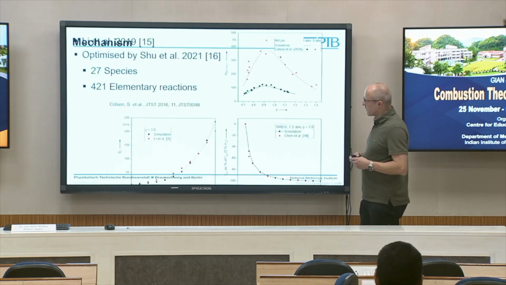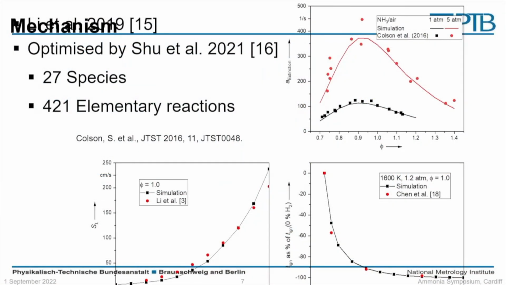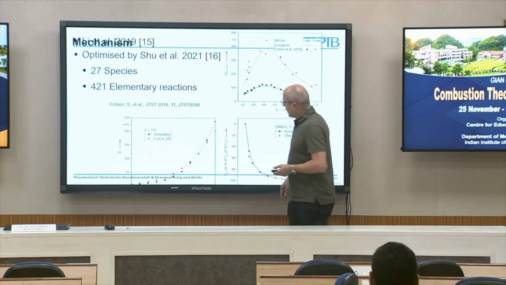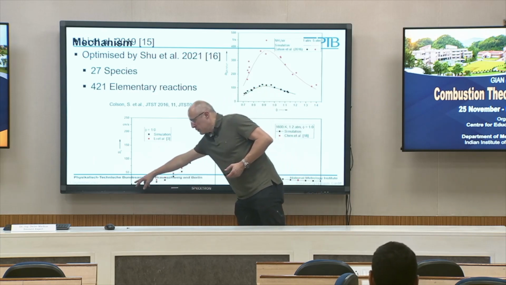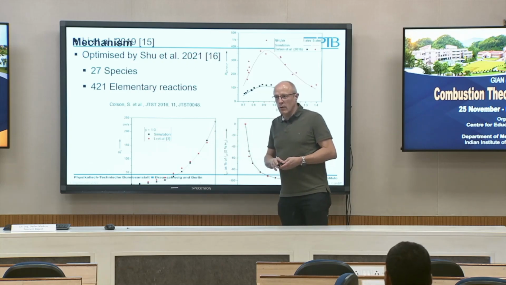So first, we have used a specific mechanism optimized at PTB by colleagues to perform the simulations, and we have compared our results with literature. Here we have the flame velocity, so 6.5 centimeters per second for ammonia, and 2.3 meters per second for hydrogen.